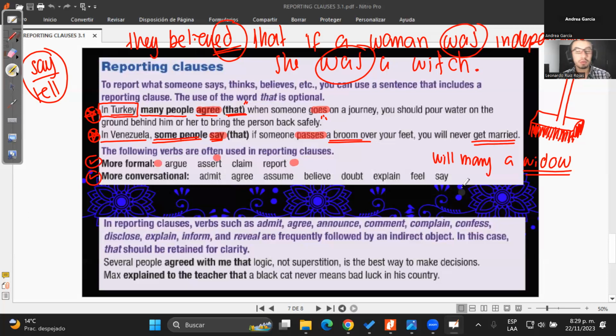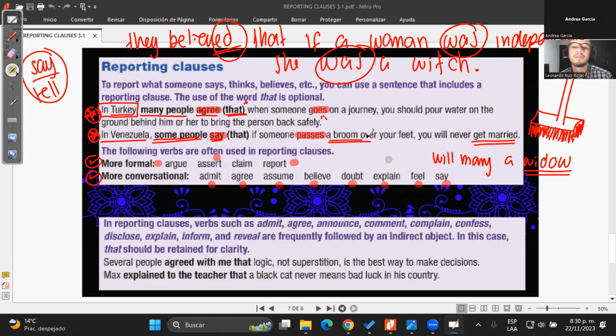And then we have the other ones, which are more conversational, easier to use: admit, agree, assume, believe, very close to assume, doubt, which is like the opposite, no? In that case it is not believing, but doubting something. Explain, feel, and say, right? So some people believe that, some people feel that, some people explain that, right?